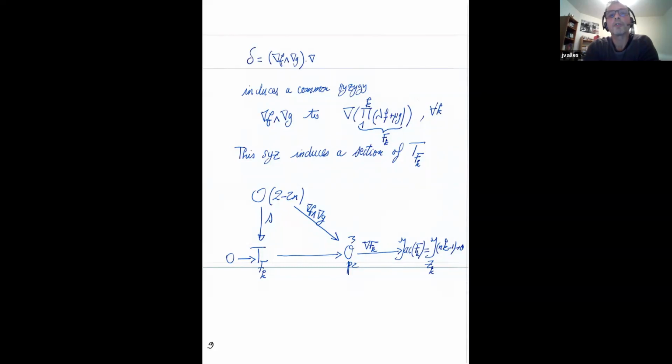The degree 2n minus 2 comes from nabla F and nabla G, which are polynomials of degree n minus 1, and the 2x2 minors give polynomials of degree 2n minus 2. So you have this very special section, valid for any T_F_K, and it depends only on the pencil, only on n, and not on the number of curves k.